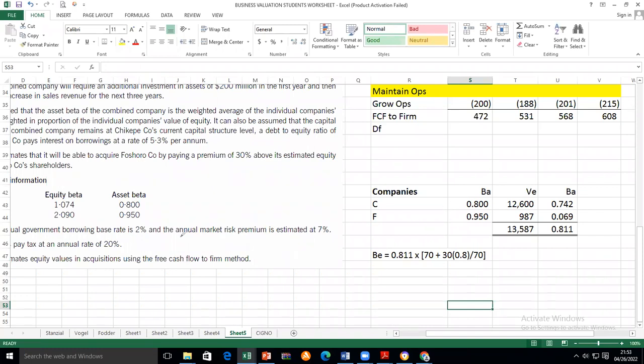If some of you have forgotten, I can remind you. You take your asset beta, you multiply by value of equity plus value of debt times (1 minus T), over the value of equity. So that's how you get your equity beta. And this is what we have done. Equity is there, debt is there, and that proportion is there, and equity is there.